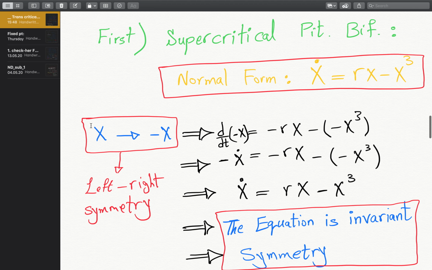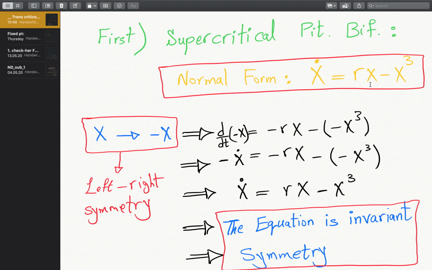And by symmetry we mean that if we replace x with minus x, then what will happen? We have this x dot. What is x dot? x dot is dx over dt, right? So if we replace x with minus x, then d over dt of minus x is going to be equal to minus r times x, which is this.